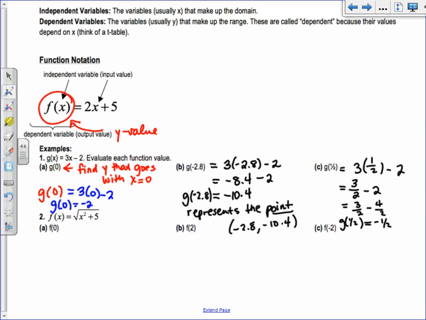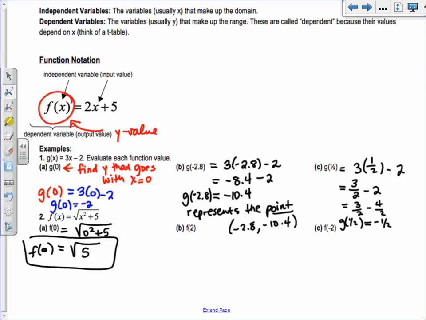Okay, the next one, f of 0. Now it's telling me to use the f function. It's using that letter f, so I'm looking at the f function. So f of 0 is the square root of 0 squared plus 5. So 0 squared is 0 plus 5, so it's the square root of 5. So f of 0 equals the square root of 5. Again, that's representing a point, 0 comma square root of 5.